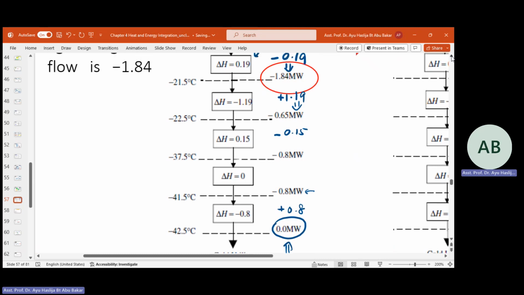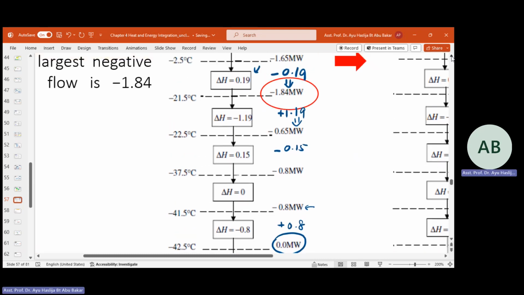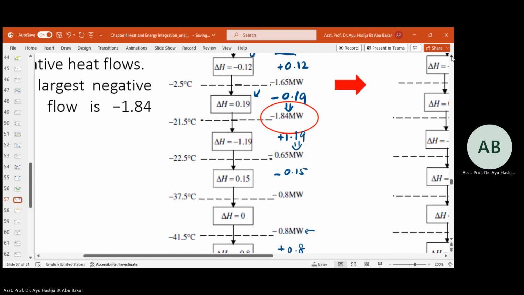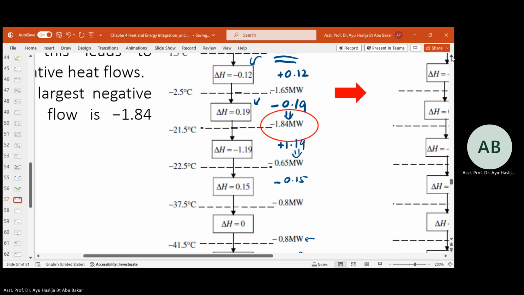Now, from the first cascade, we check which one is the highest negative number. Here, the negative 1.84.